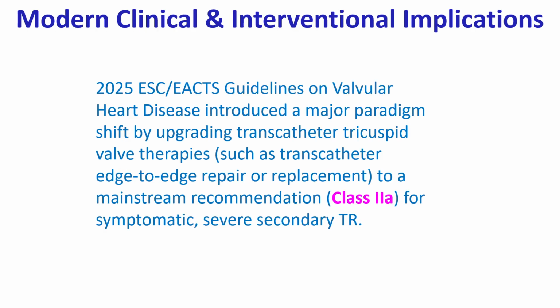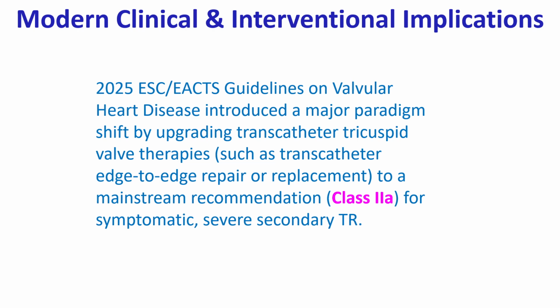The etiopathogenic distinction between these phenotypes heavily dictates timing and selection for intervention. The 2025 ESC/EACTS guidelines on valvular heart disease introduced a major paradigm shift by upgrading transcatheter tricuspid valve therapies, such as transcatheter edge-to-edge repair or replacement, to a mainstream Class 2A recommendation for symptomatic severe secondary TR.